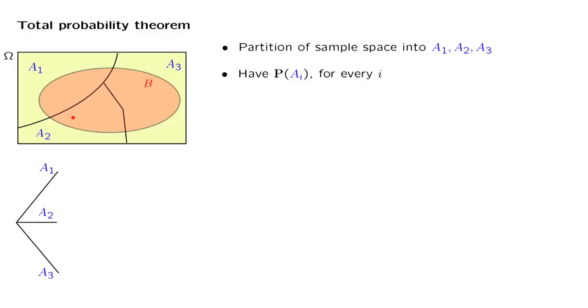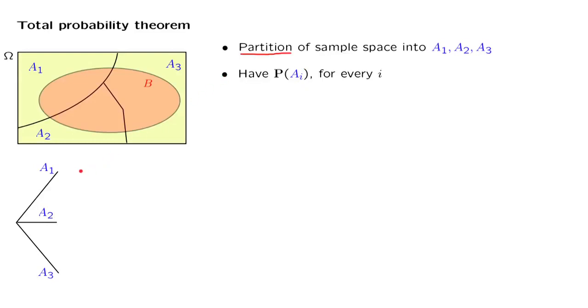We have our sample space, and our sample space is partitioned into a number of subsets or events. In this picture, we take that number to be 3, so we have a partition into 3 possible scenarios. It is a partition, which means that these events cover the entire sample space, and they are disjoint from each other. For each one of the scenarios, we're given their probabilities.